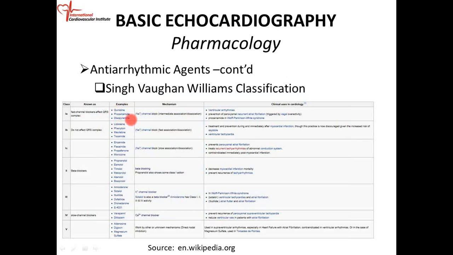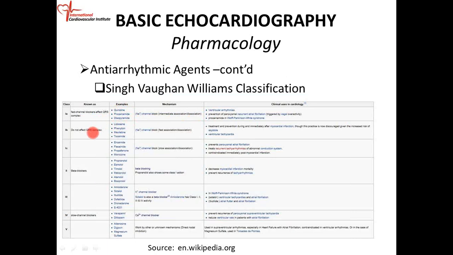Okay, so these are sodium channel blockers, and we use the 1As mainly for ventricular arrhythmias. However, your quinidine and procainamide, sometimes we use them for atrial fibrillation.